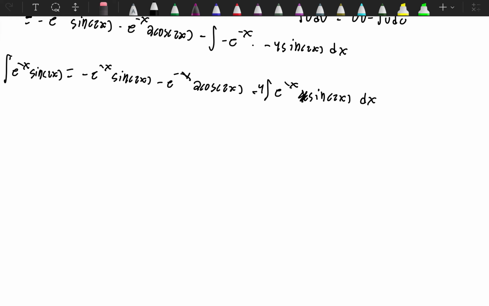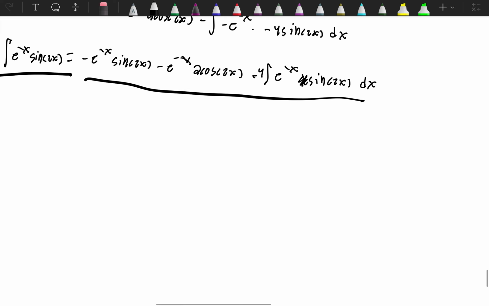And here's why it works. Essentially, it's a formula, which means that when you have these two opposites, they're the same thing essentially. So now you can solve this like a little equation, like back in algebra 1. Since I took out the 4 because it's multiplying e to the negative x sine of 2x, you can take out the 4 and add this over as if it were a variable.